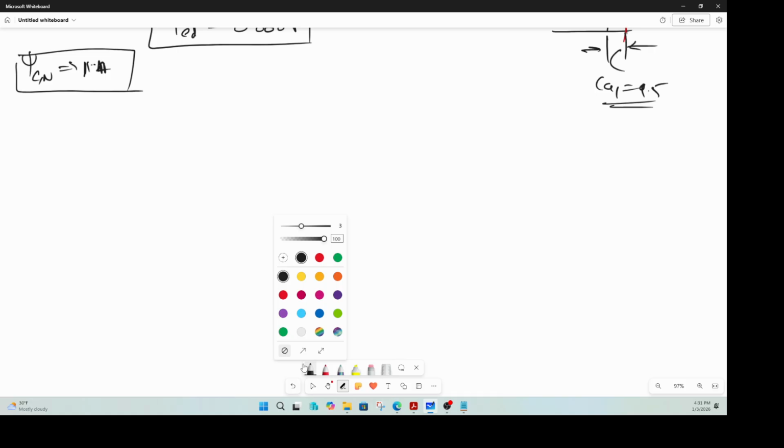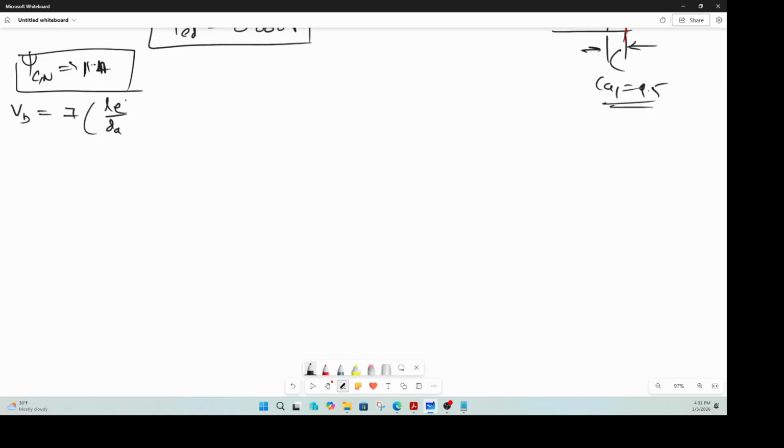Now we need our VB, right? The basic breakout strength. The basic breakout strength has two formulas. We'll go back to the code to look at it, but this is (LE by dA) to the power 0.2. LE, in this case, is equal to HEF, which is the embedment depth.